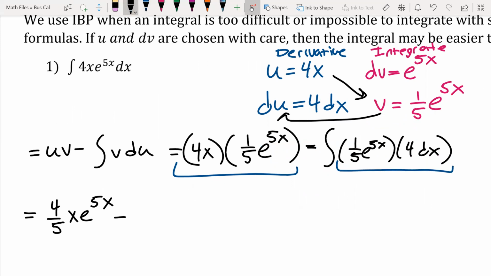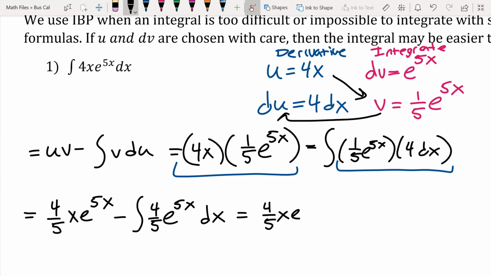So here, I'll rewrite this integral really fast. So 1/5 e to the 5x times 4 dx becomes 4/5 e to the 5x dx. That 4 and that 1/5 just multiply. Okay. One more rewrite here.